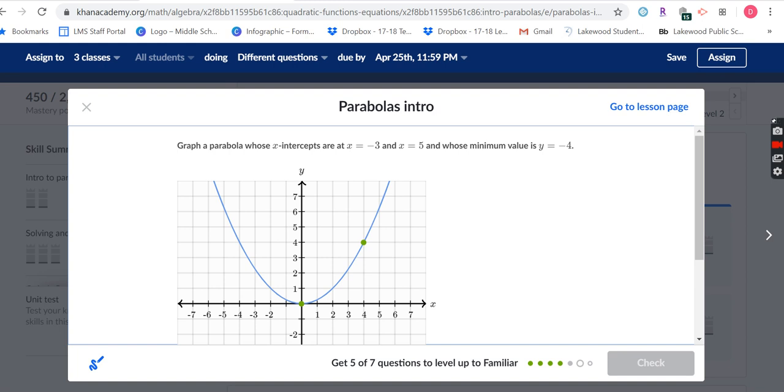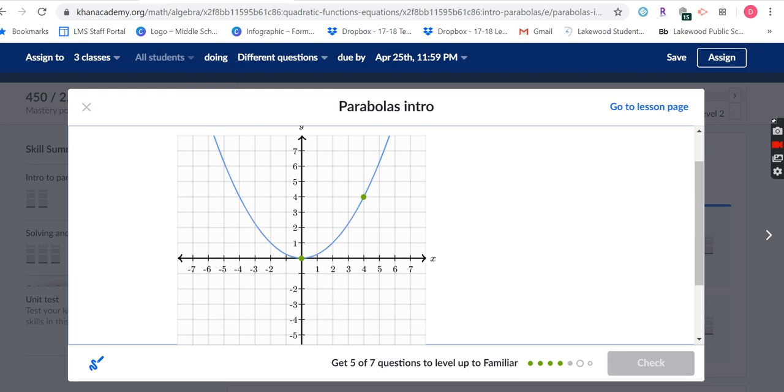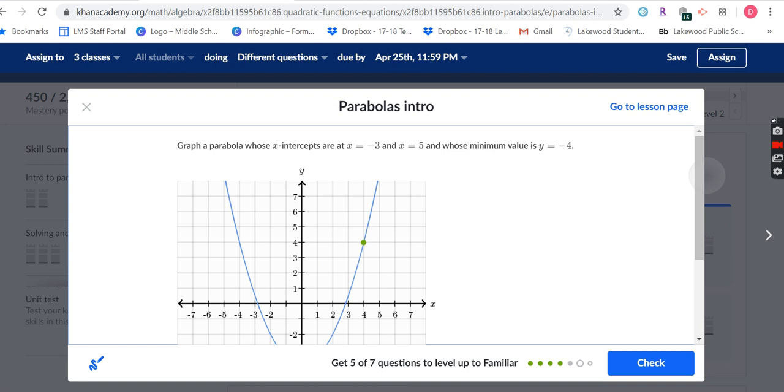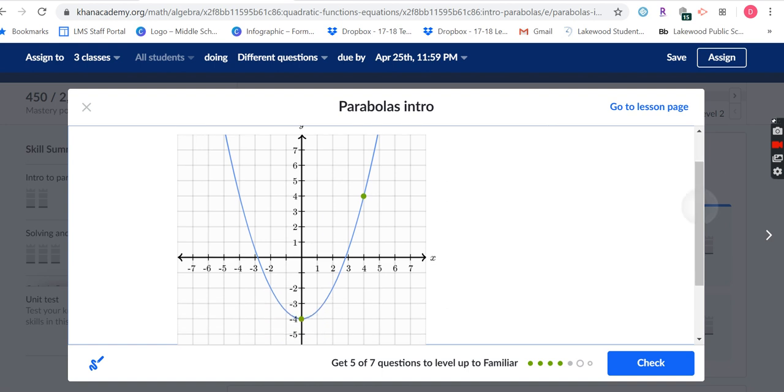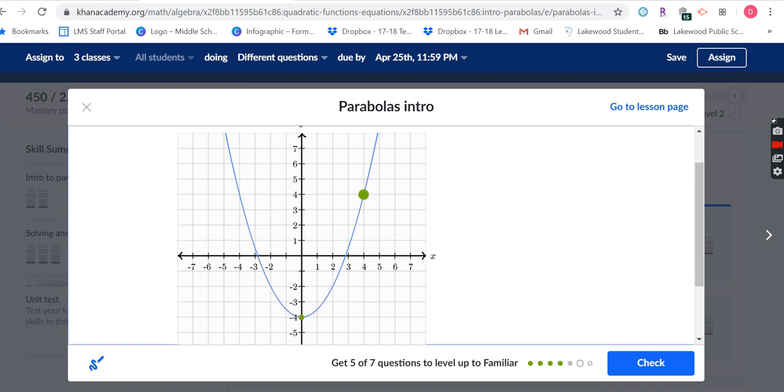Now we want x-intercepts at -3 and 5, and the minimum value is at y equals -4. So the minimum is supposed to be down at y equals -4, and the x-intercepts are supposed to be at -3 and at 5. So let's get an x-intercept at 5.